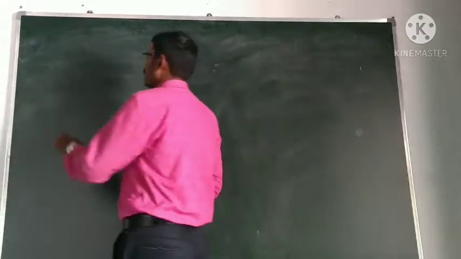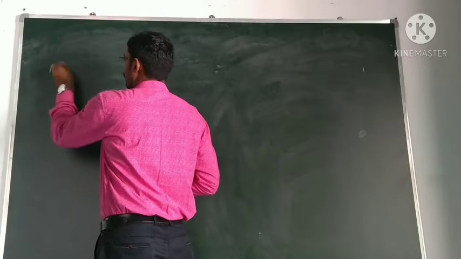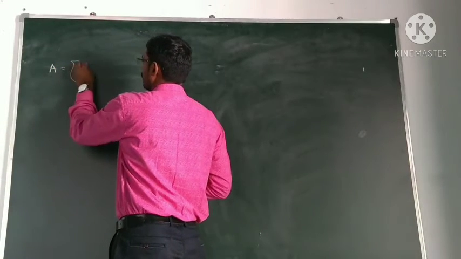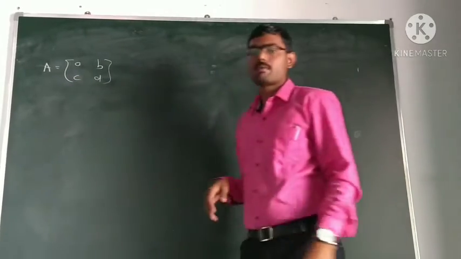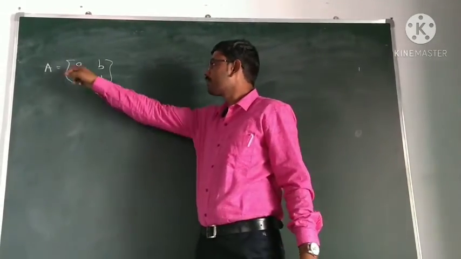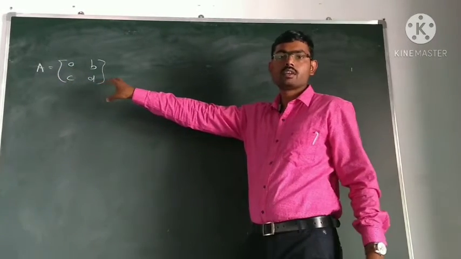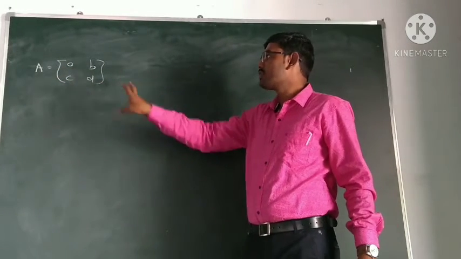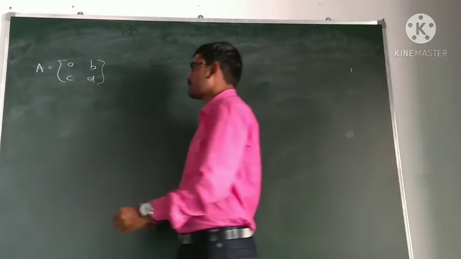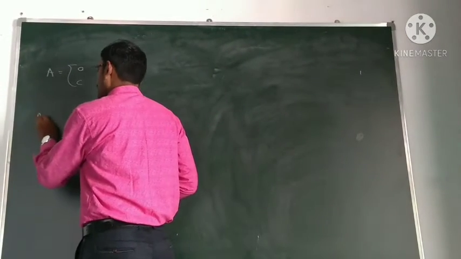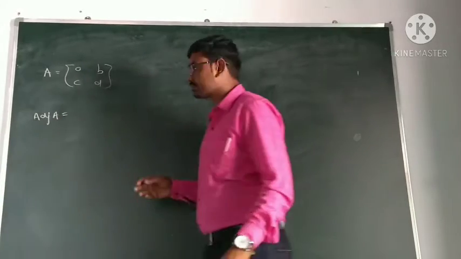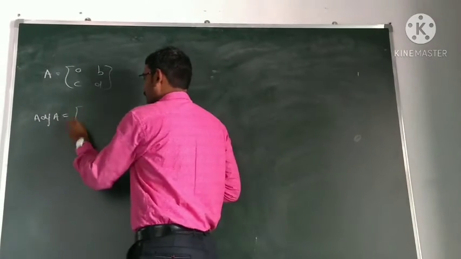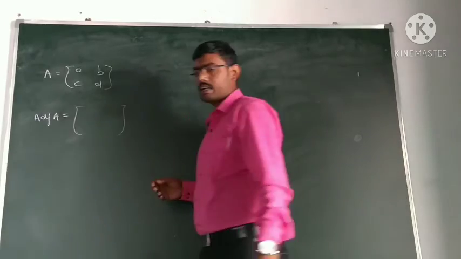Now if there is a given matrix, say A is equal to A, B, C, D. Here it is a two by two matrix. Then for such a matrix, finding adjoint is very simple. Okay. For such a matrix, adjoint of A is equal to transpose of cofactor matrix.